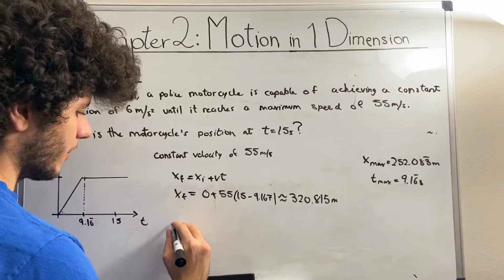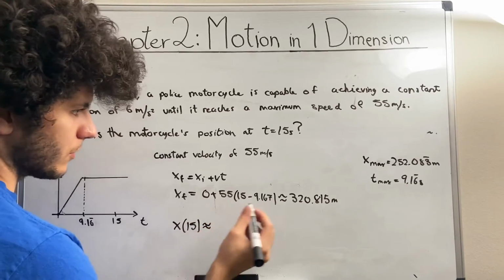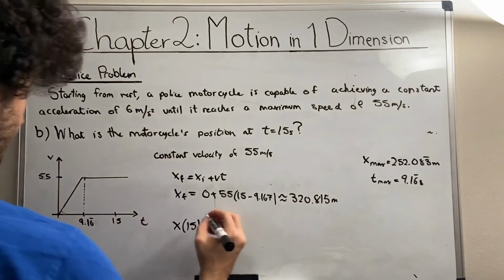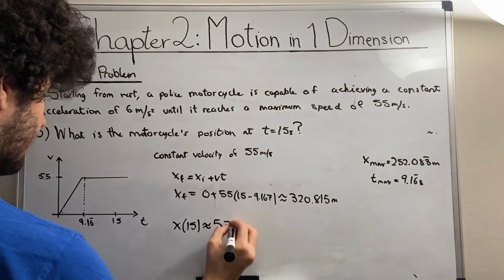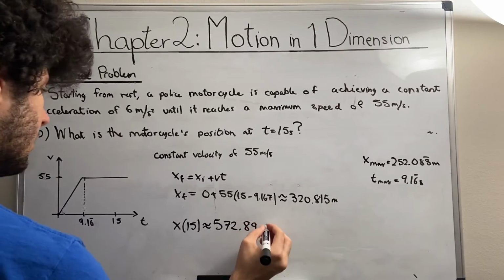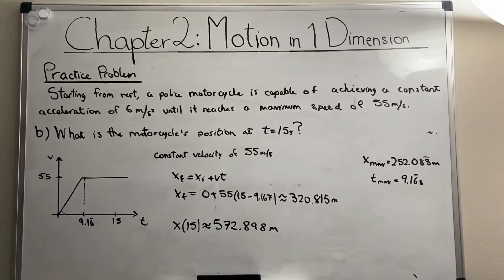So we're going to write x of 15 is about equal to the sum of both, which I've calculated out to be 572.898 meters. Yeah, and that's pretty much it. This is a pretty simple problem still. It's just a tricky mistake, a very easy mistake to make.